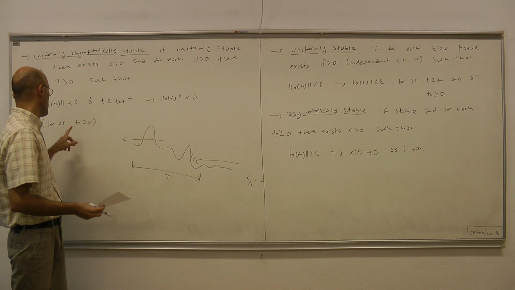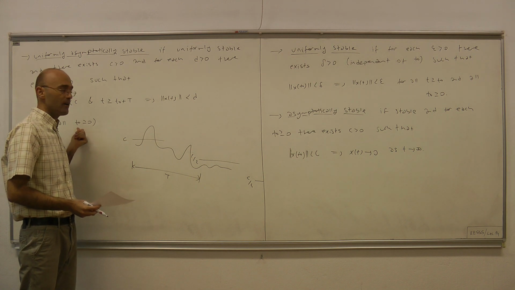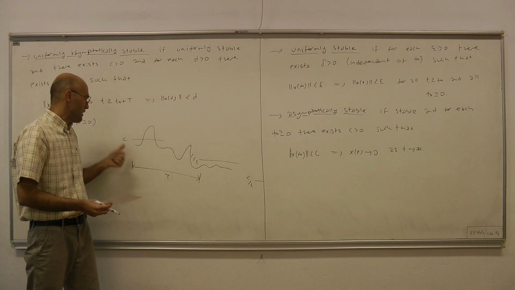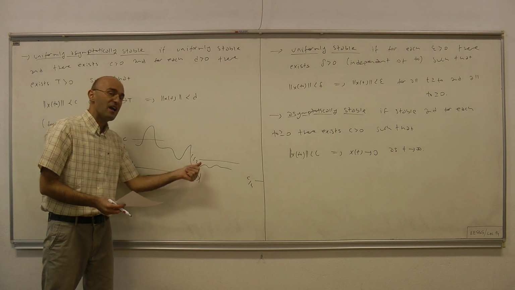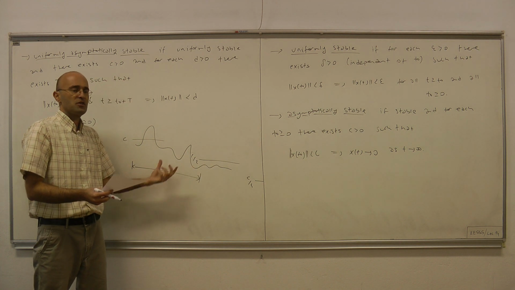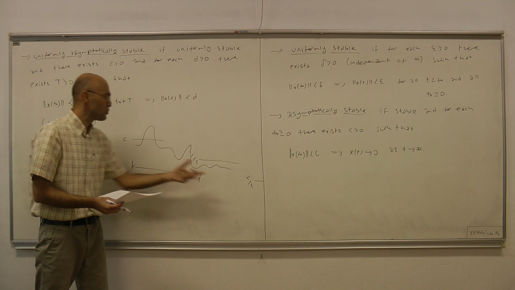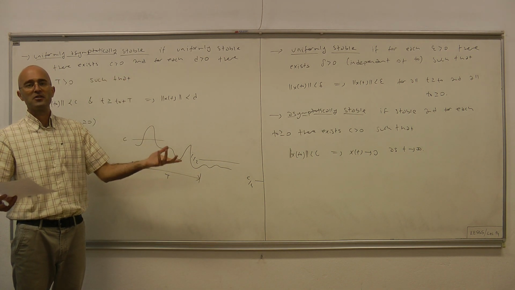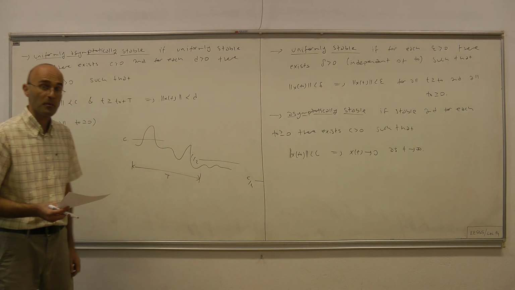No matter from what initial condition you start, the time required to go from c to c over 2 is always the same, let's say 20 seconds. To go from c to c over 4, it's always 3 minutes, let's say, things like that. So that's uniform asymptotic stability.